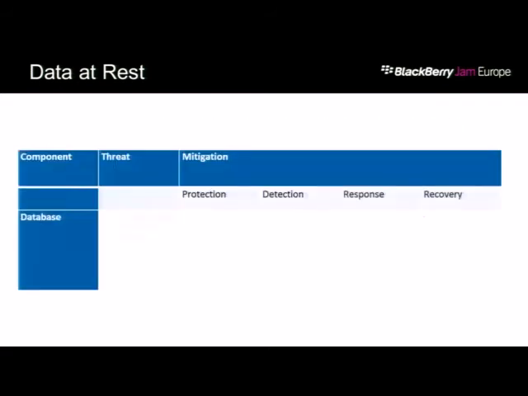So what do you do about data at rest? Your threat is unauthorized database access, or your threat could also be pulling a card out from the device. If you're storing stuff on a memory card, how do you protect it? But in this specific instance, we'll look at unauthorized database access. What you want to do there is make sure that you encrypt it where possible.